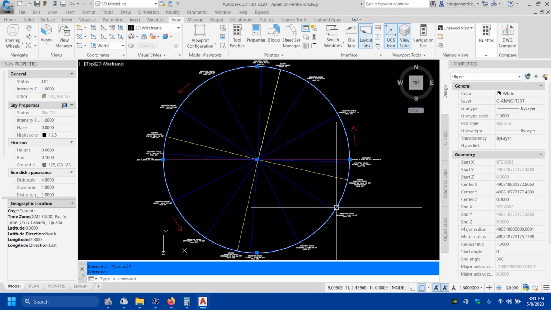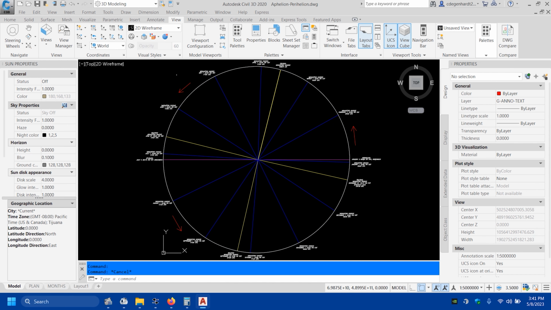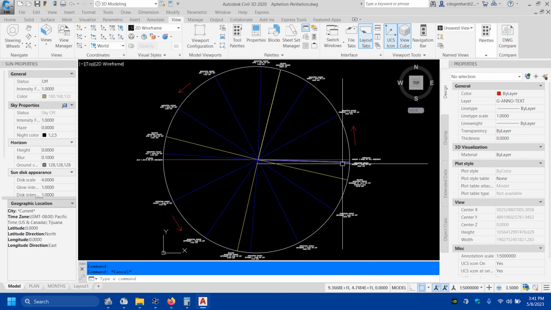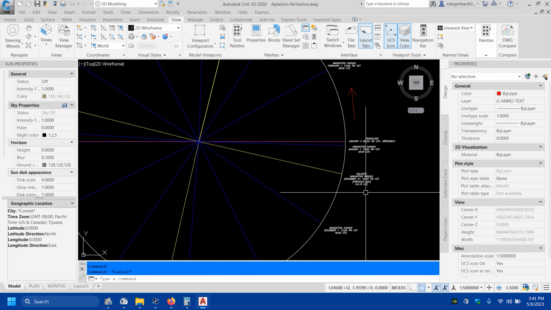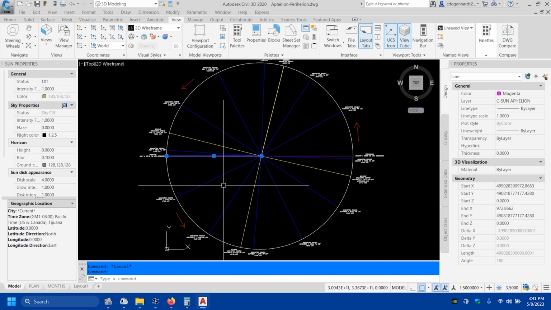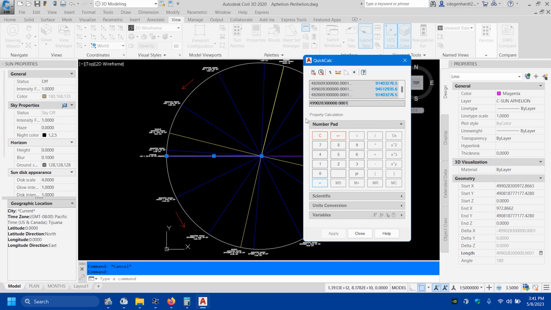So this is the orbit of the Earth, and you've got the aphelion and the perihelion. That line right there is 94 million miles. So the length divided by 5280 equals 94 million miles.